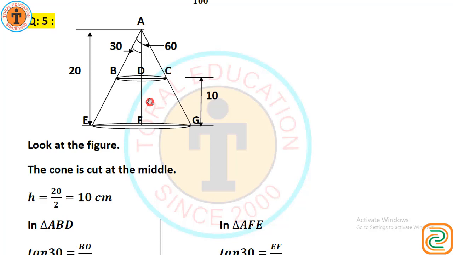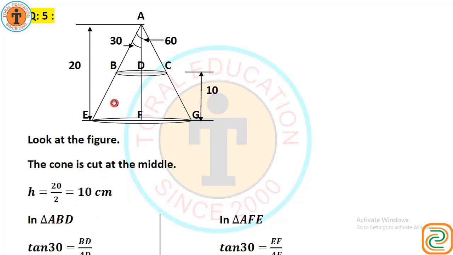Okay, so first of all, look at the figure. The cone is cut at the middle, right? So height reduced to 10. Height is 10, DF is 10. Let this triangle be ABD.